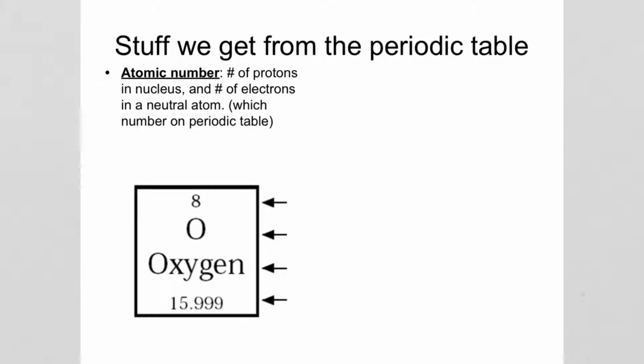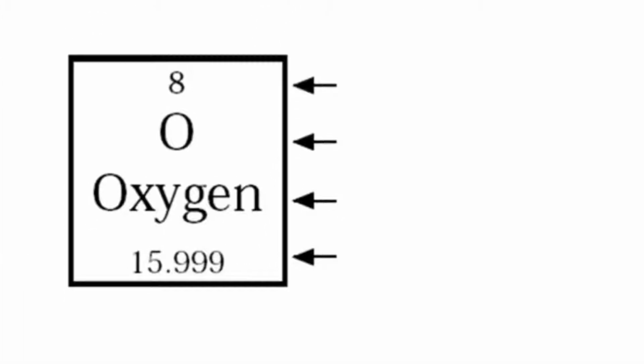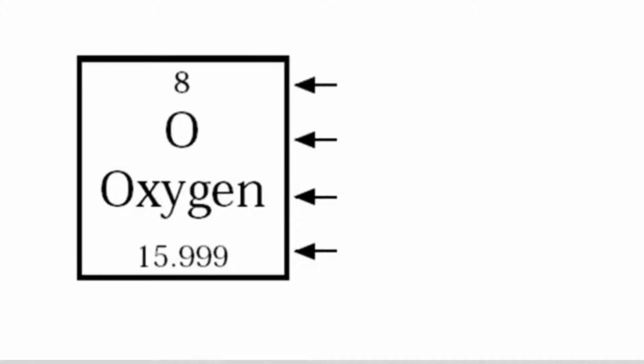All right, so we have this view of our periodic table, and some of this information you already know. Up at the top, we have the atomic number. Here's the symbol.